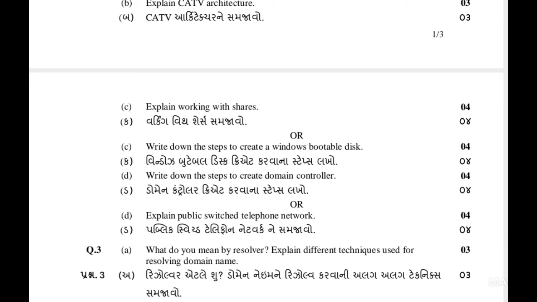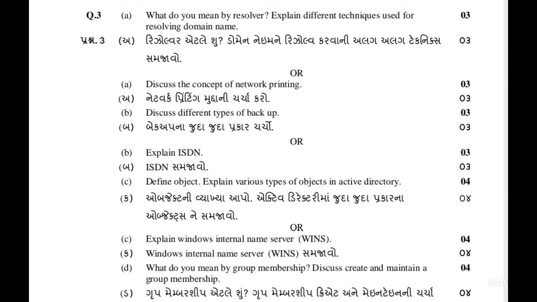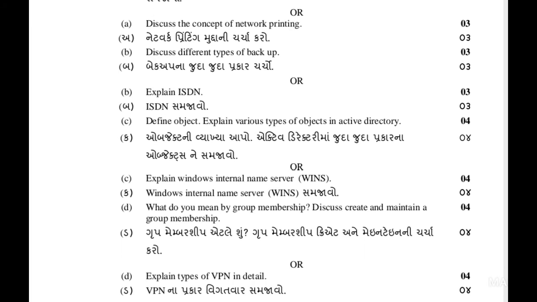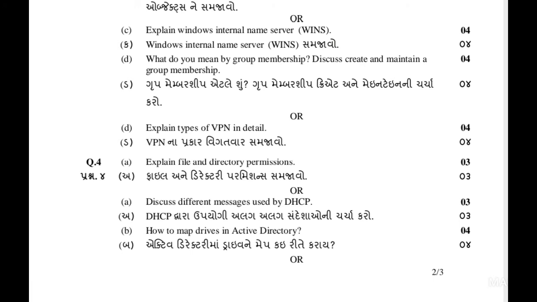Then question number 3 also has 3a with 3 marks. Then b also carries 3 marks. Question 3c is 4 marks, and then d is 4 marks. So the same pattern as question number 2.